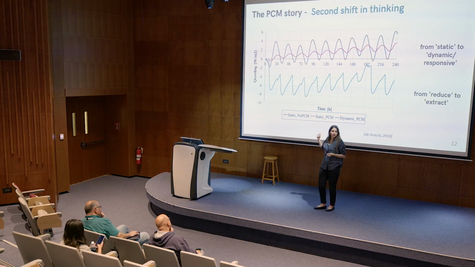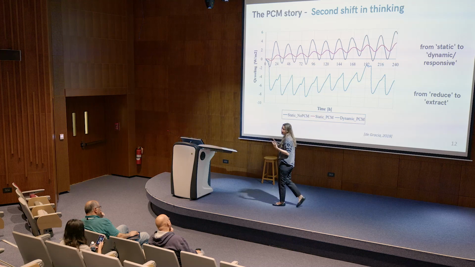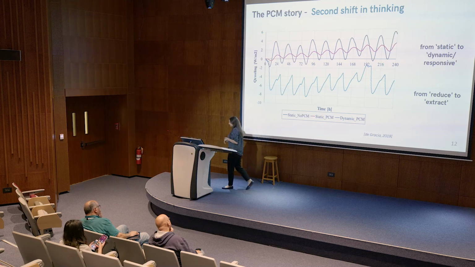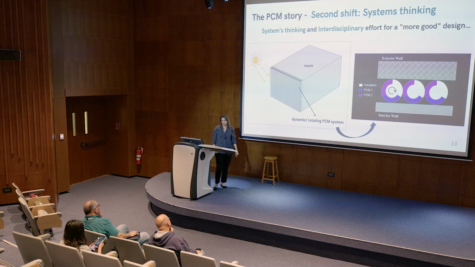And this has been tested on a day where we have very low temperatures at night. So the idea is appealing, and the idea of having a dynamic and responsive system can create a more good, not only reduce the consumption, but actually extract heat from inside.